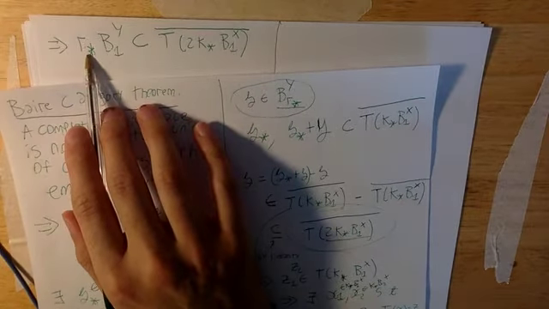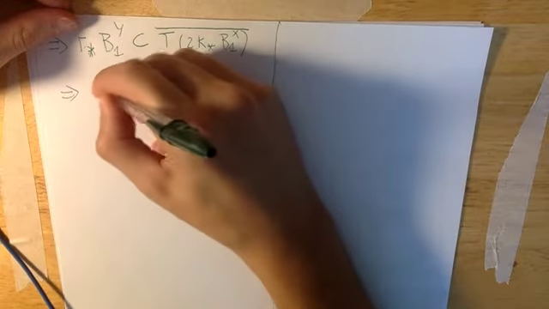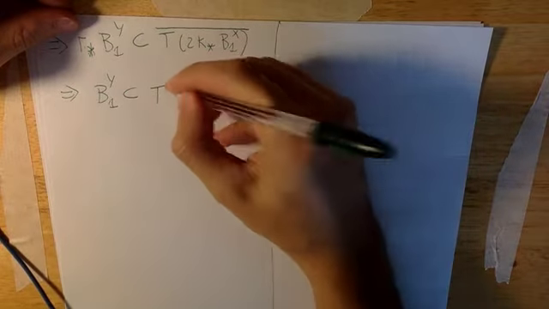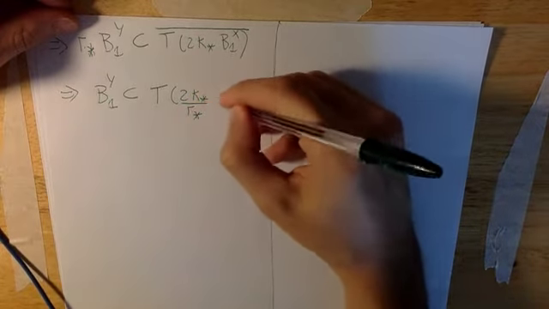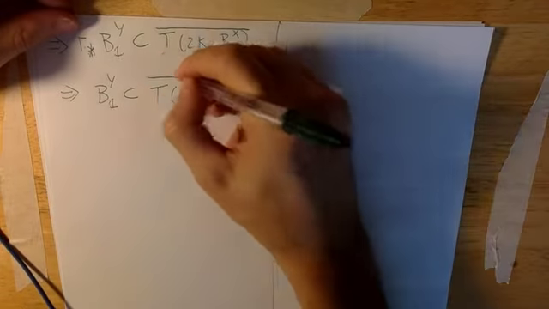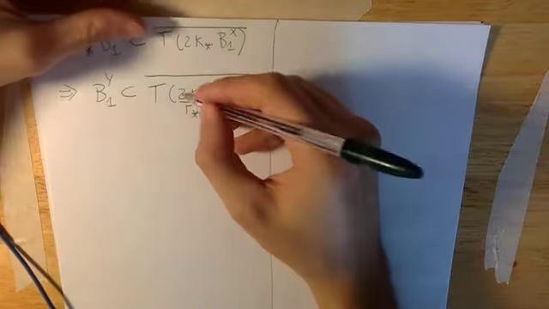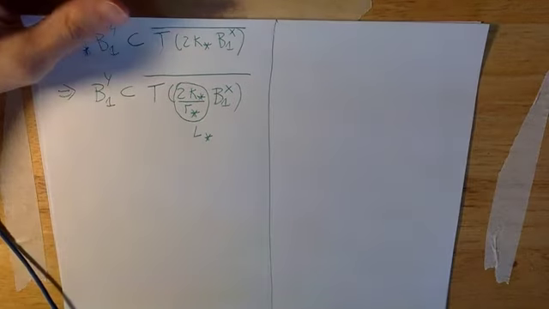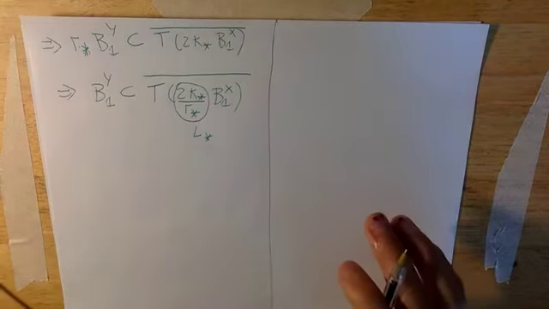Using linearity in a similar way, by dividing by R star, this implies that B1y is contained in T of 2k star over R star times B1 of x closure. For simplicity, we are going to call this L star. It's just a positive number that we know exists.